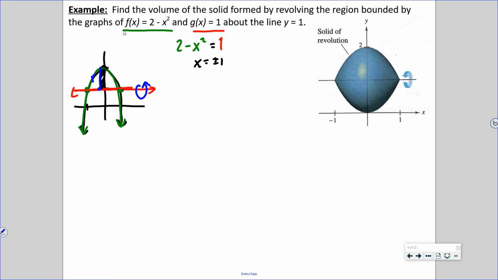So you can see it wouldn't go any lower than 0. Okay, so I have another disk. So to find the volume, pi, I'm going to write it out in front. I'm integrating this from -1 to 1.